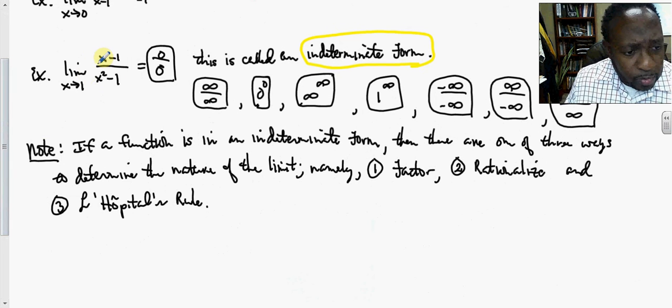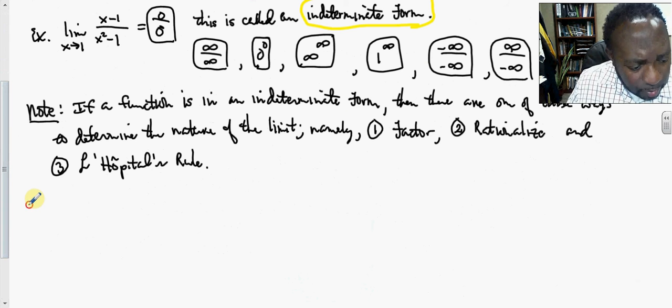So for this particular example, the denominator can be factored. So we're going to factor that.